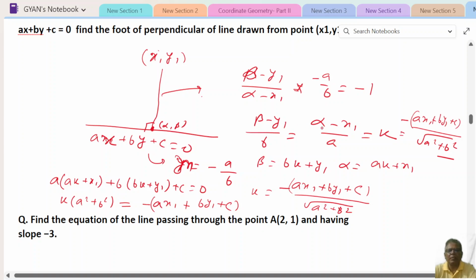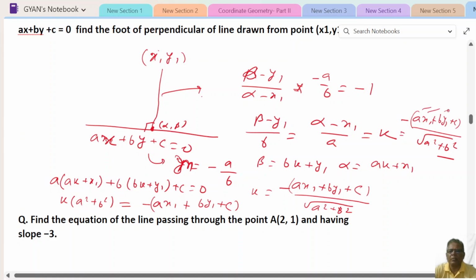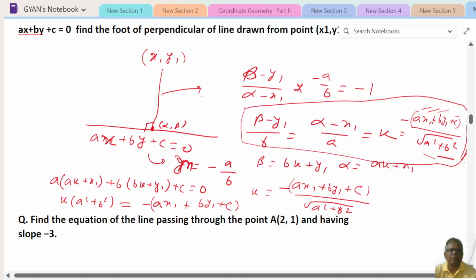To find alpha, you find this value, which is all known, multiply by a and add x1. Similarly, you can get beta. This is a very important formula for finding the foot of the perpendicular.